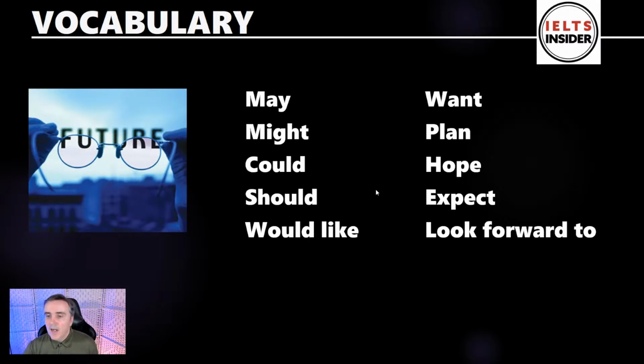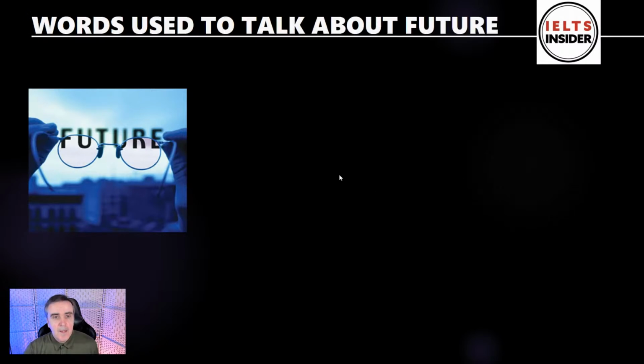We are going to look at the differences in these meanings, and explain how to use each of these words. Then you are going to get a chance to make some of your own sentences using these words to talk about the future.